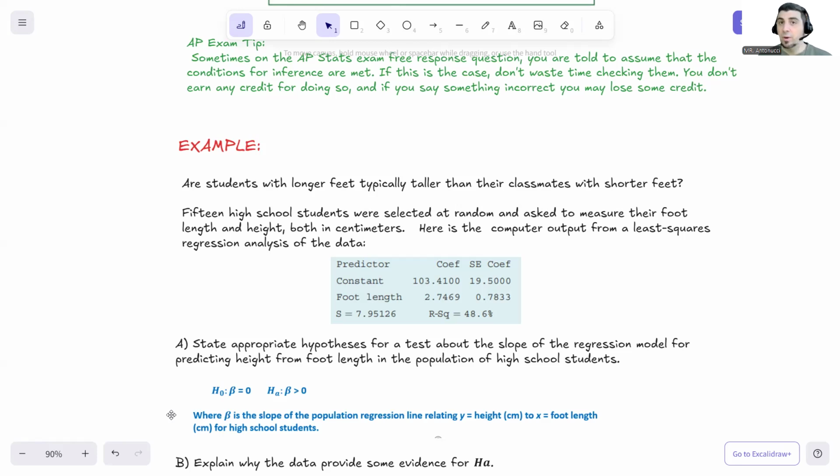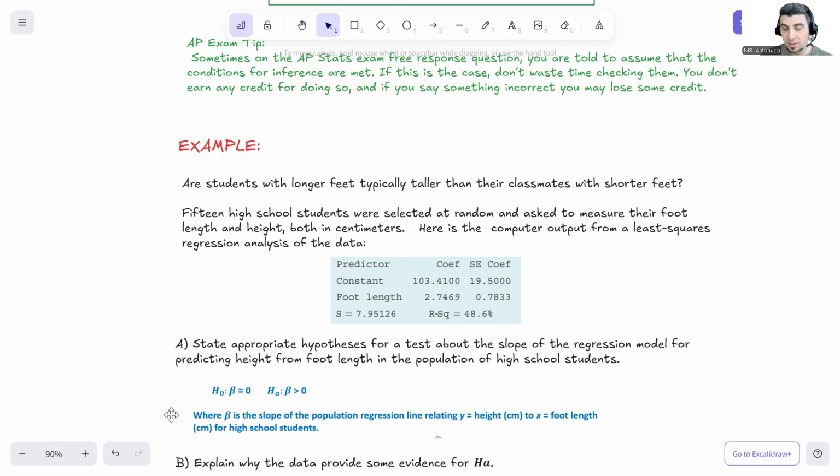So make sure you define what x and y are in the context of the problem, include their units if that's appropriate, and the overall population as well here. In this case, it would be for high school students, not just any person. So we can also look at why the data provides some evidence for the alternative.